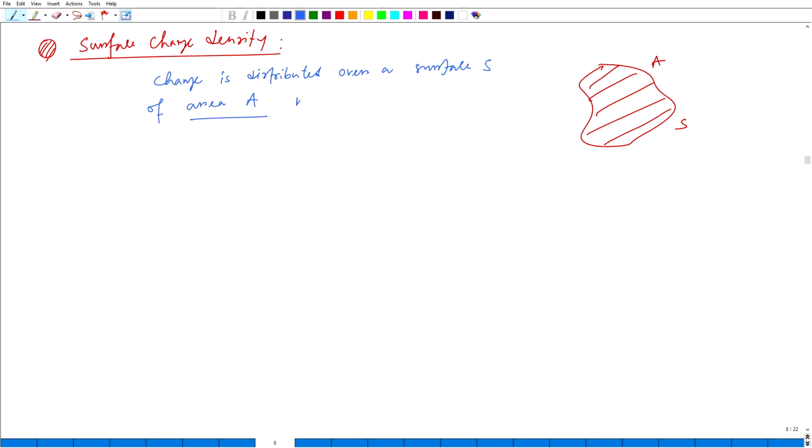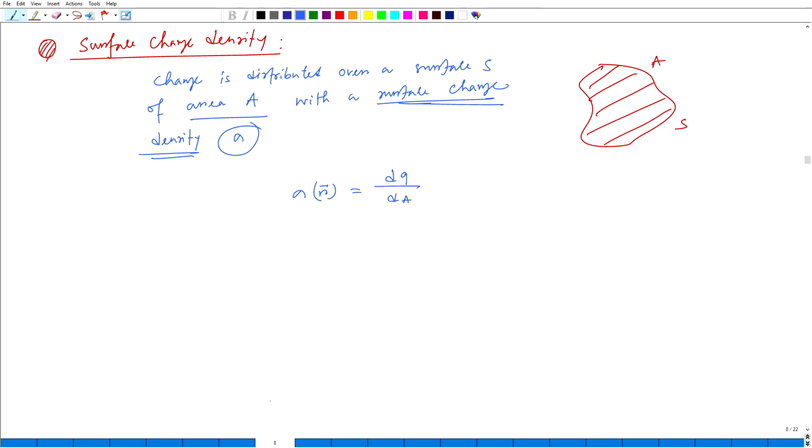So, with a surface charge density, denoted sigma. In principle sigma is a function of r, that means it depends on the distance. In general, sigma of r vector is dq over dA.